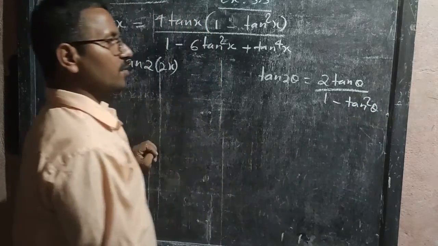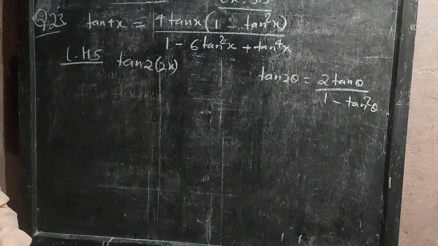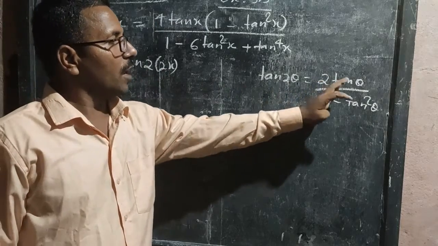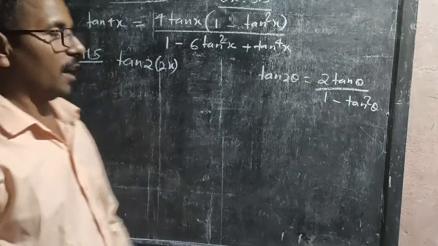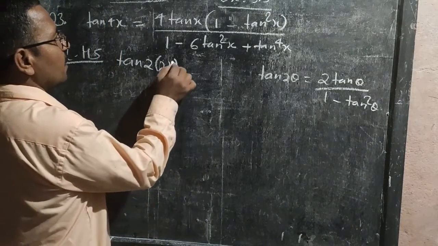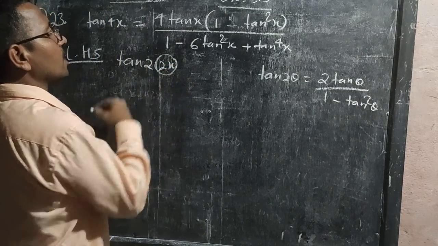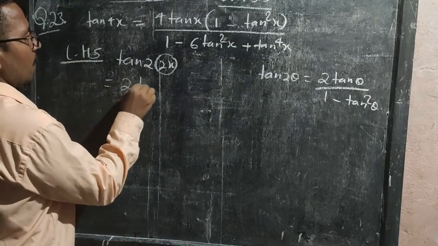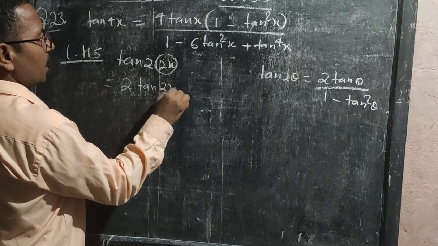We have seen this formula. At the place of theta, we have 2x, so we will use that. So we will get 2 tan 2x upon.